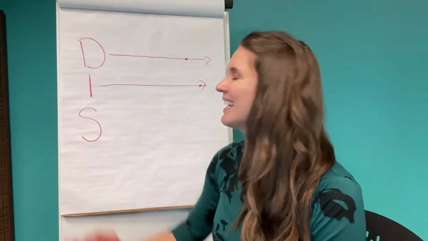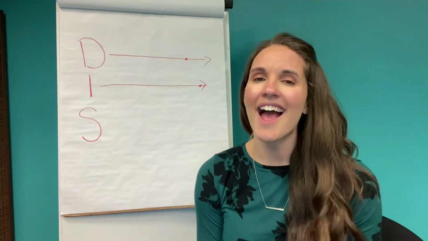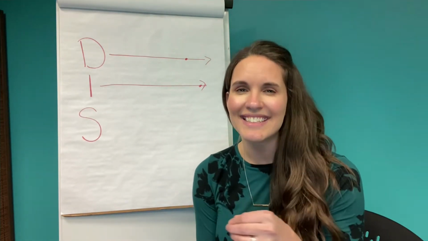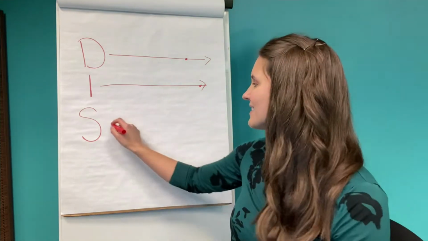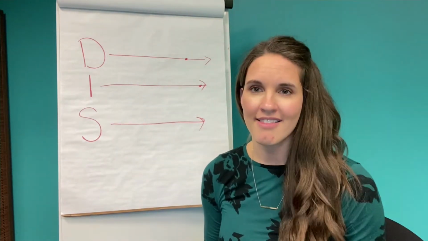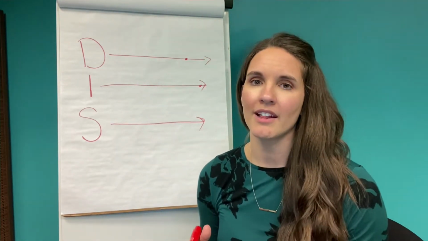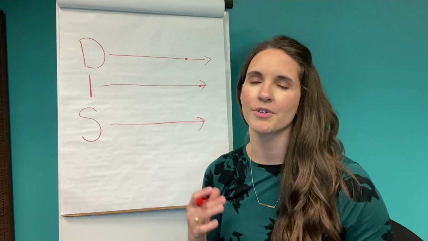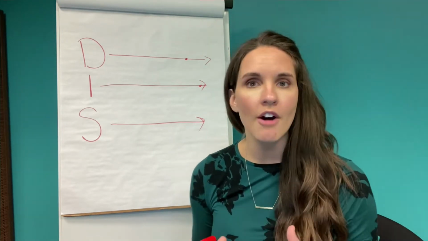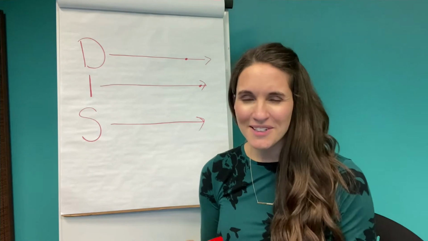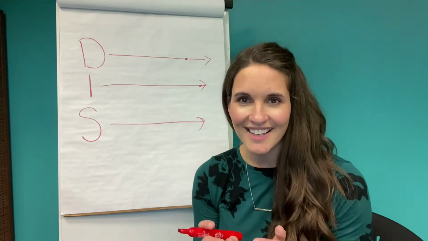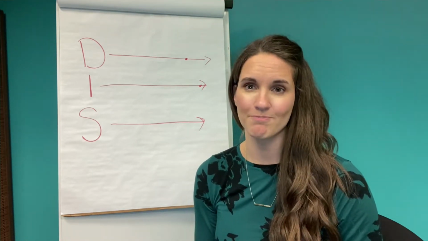Third style is the S, and the S is all about steadiness. So this scale, the higher you fall on that scale, the more likely you are to love routine, right? You love coming in and knowing exactly what's expected of you, the process to get there, and how to make it happen.